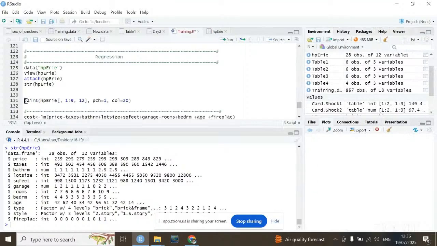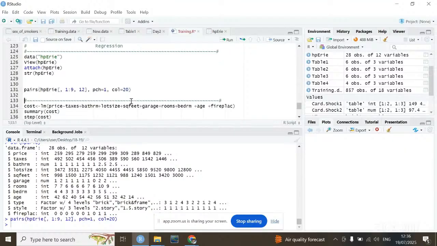It is called pairs. So you just put the name, the function pairs, the name of your data, then from that data, from which column? So this is row. Then from which column? After selecting all the columns, then you select this. You write this is one.